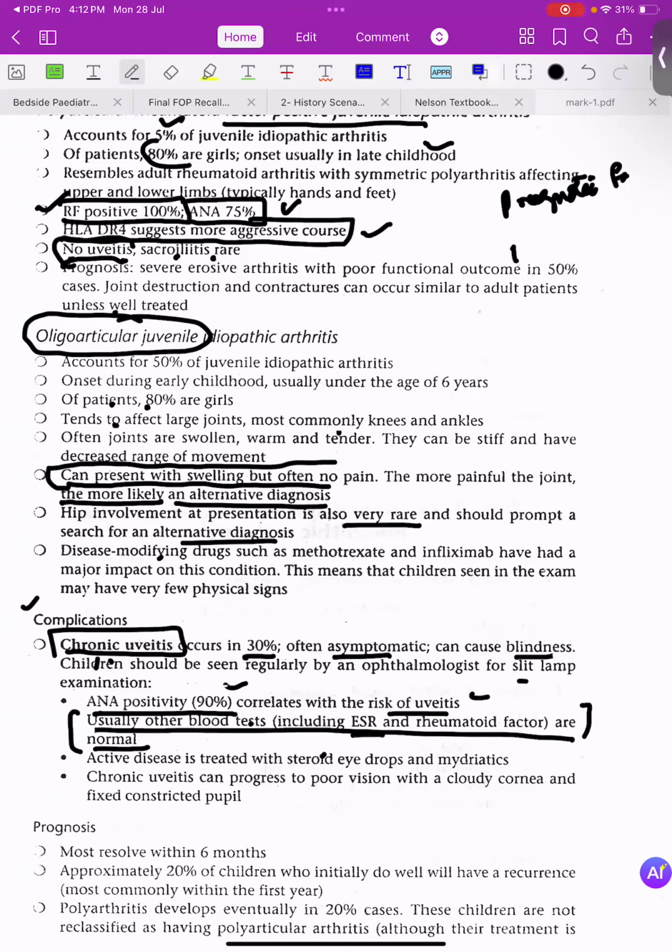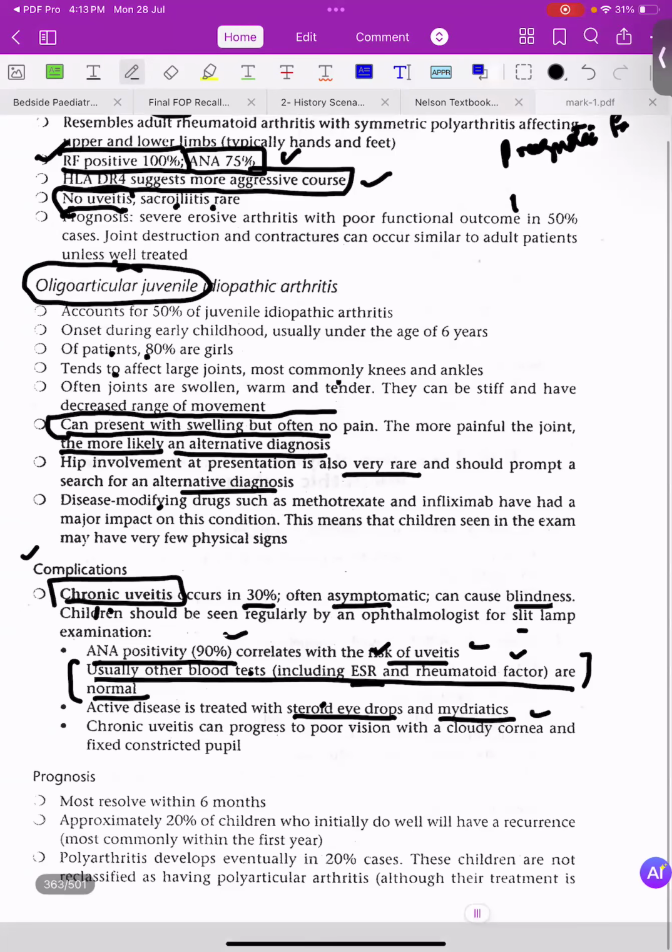Do remember, in rheumatic heart disease, we check the activity markers ESR and CRP. Here in chronic uveitis, though the disease is active, ESR is normal and rheumatoid factor is also normal. Active disease is treated with steroid eye drops and mydriatics, right?